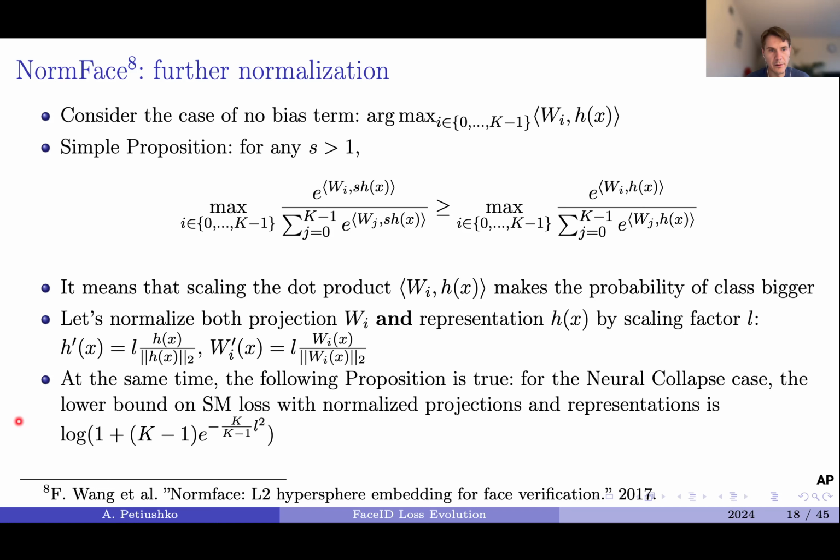So our loss would be greater than or equal to the logarithm of 1 plus (k minus 1) multiplied by e to the power of minus k over k minus 1 multiplied by L squared. That's quite non-trivial but still a simple proposition, so please try to prove it, or at least you can consult the initial paper. There is a proof there.